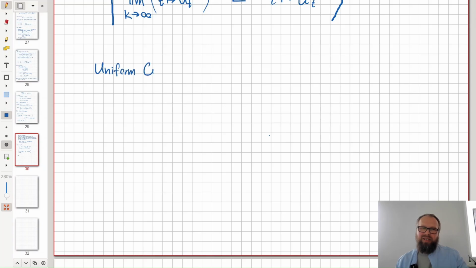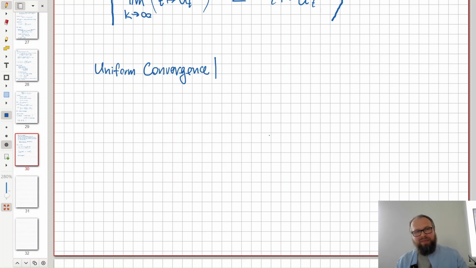Uniform convergence. So I have here some words, fortunately not many of them.